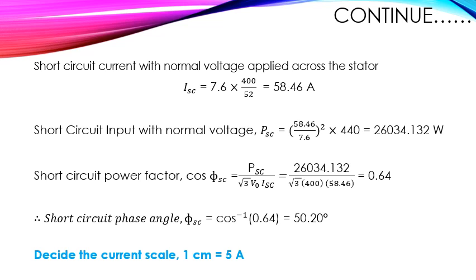So now we have to decide the current scale, and here we are taking 1 centimeter equals 5 ampere.